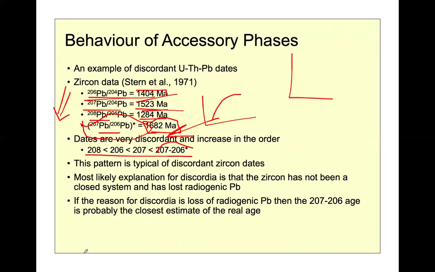This is very typical for discordant zircon. Therefore, you have to select the correct zircons, which is also very important. You have to study the zircons separately once you finish mineral separation. You have to avoid fractured zircons and reacted zircons. You have to be very careful with those zircons.